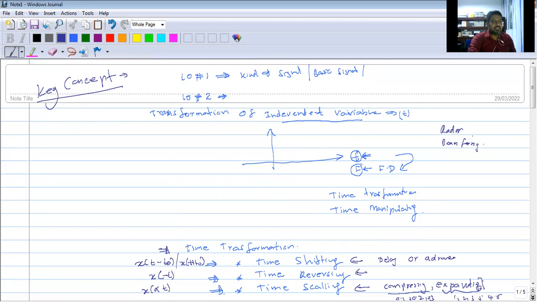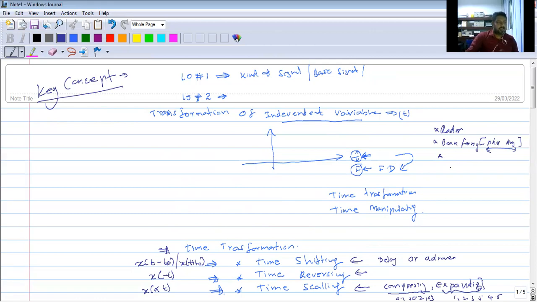One example is a phased array antenna. In this case also we are using time shifting techniques, and also in many communication systems we use this technique.